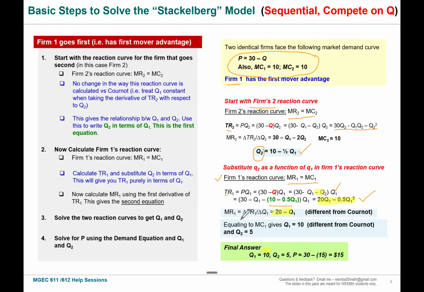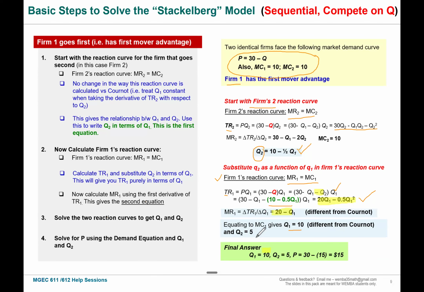Now you can take the differentiation, so it's just 20 minus Q1, equate that to MC1, so you get Q1 equal to 10. From Q1 equal to 10, go back to the reaction curve of firm 2, you get Q2 as 5. So the key difference here for Stackelberg is there is no change for the follower firm's reaction curve. Firm 2's reaction curve is the same as what we would have gotten in Cournot.